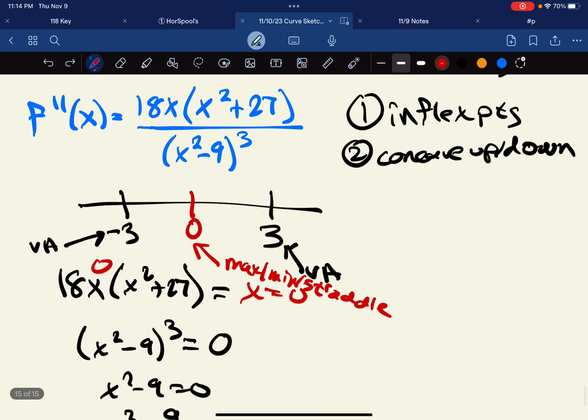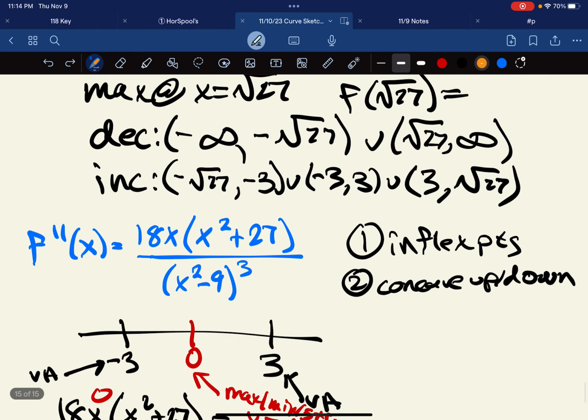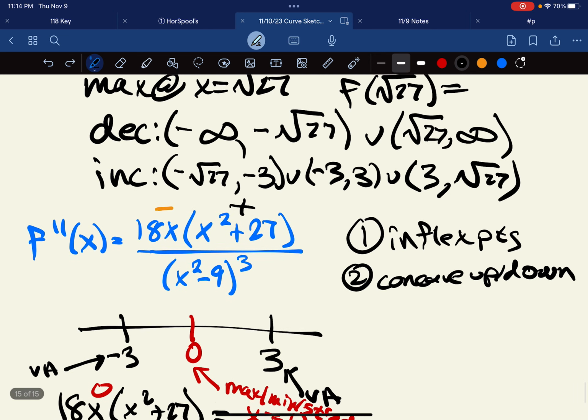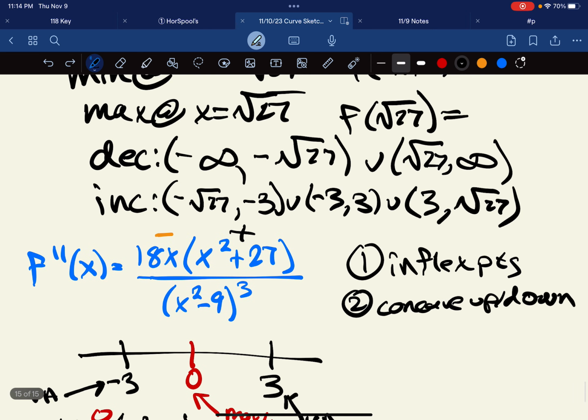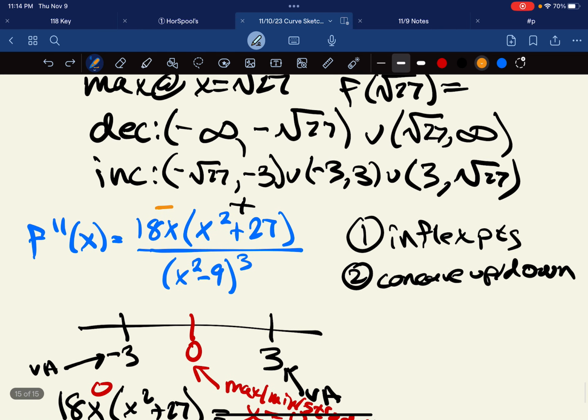Okay, so now if we plug in something to the left of negative 3, we get a negative here. This is always positive, this term, because we can never get that x to be negative, so we can never get this 27 to be 0. And then down here on the bottom, if we plug in a negative 3 or something to the left of negative 3, we are going to get a positive number.